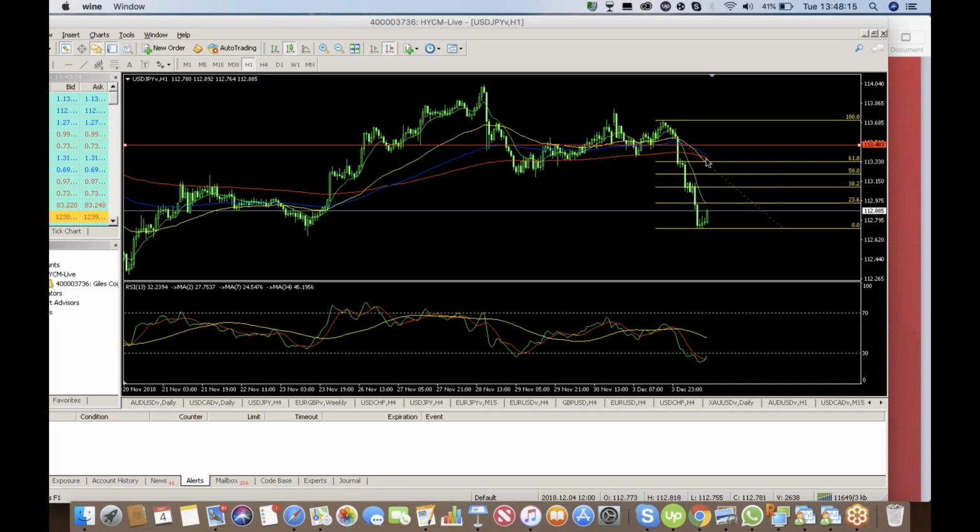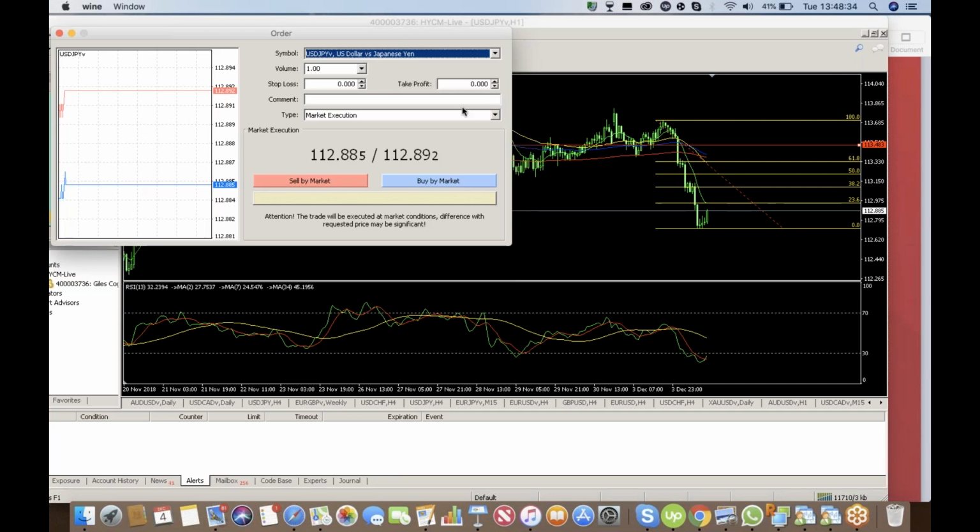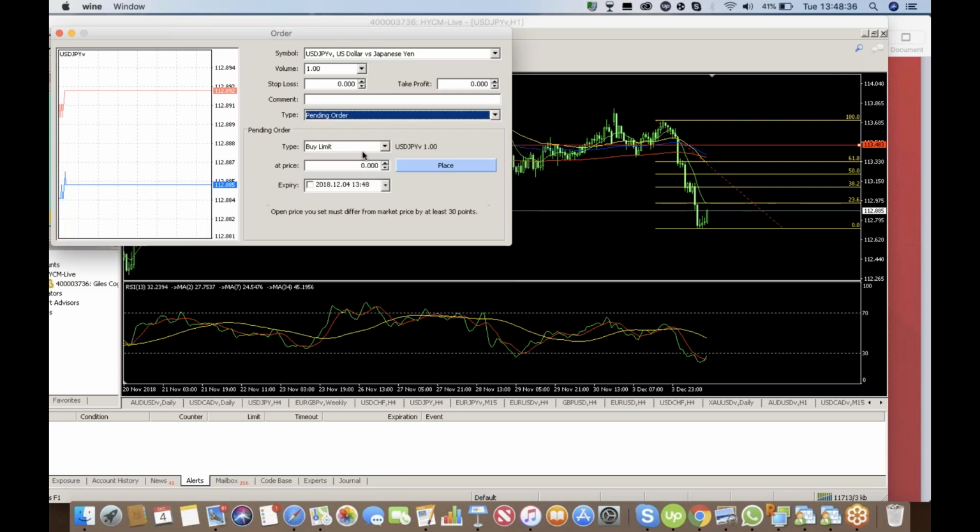Or you could wait for price to get up to this 113.50 level, set your alarms, and use a website or a service where you can set your trade alarm and then look at entering a short there. So if we were going to enter a short here, I'd simply put my orders in like this, pending order.